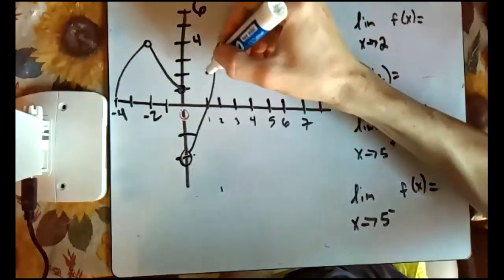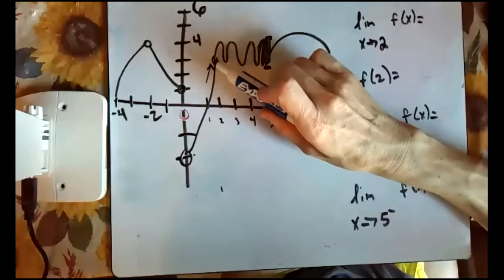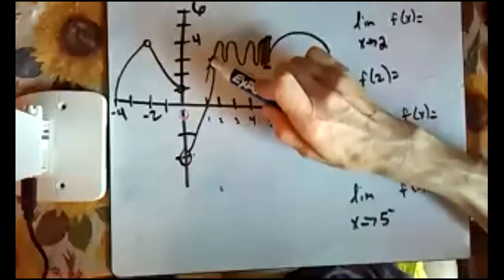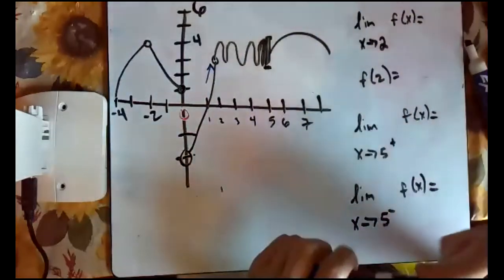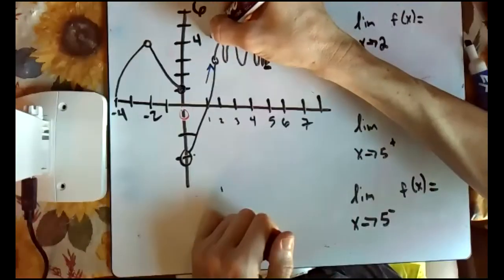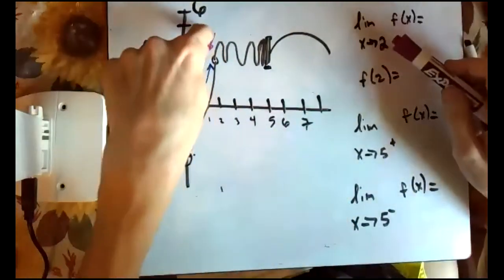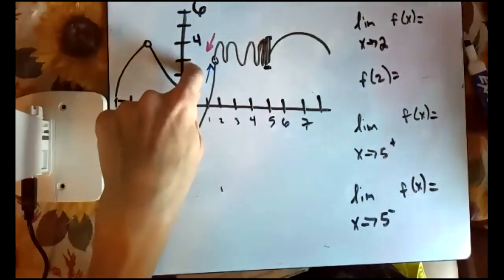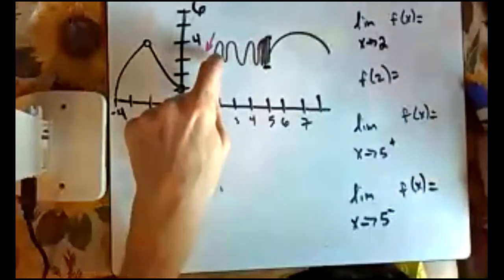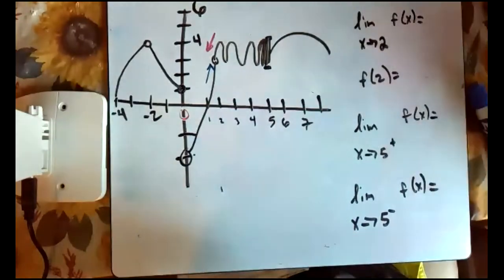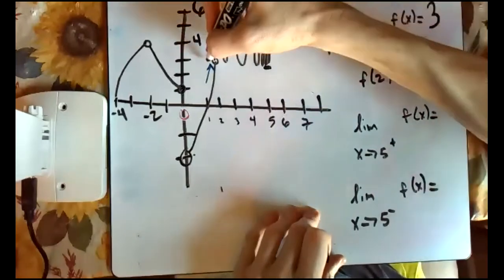So look, right here, if we approach 2 from the left, we can see it's basically going to y equals 3. If we approach 2 from the right-hand side, correct, it's also approaching y equals 3. Because it's approaching the same y value from both directions, the limit does exist in this case, and it is y equals 3.